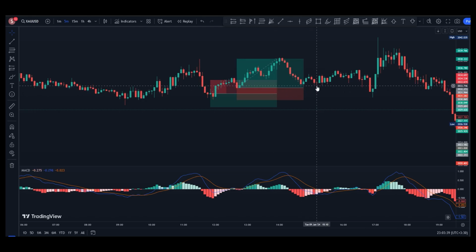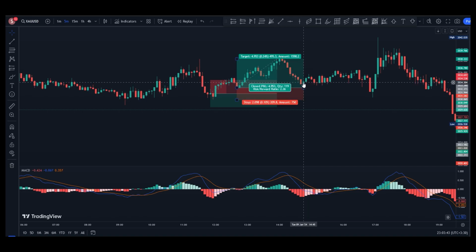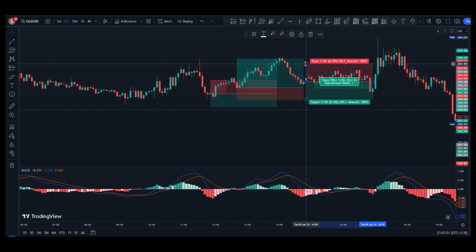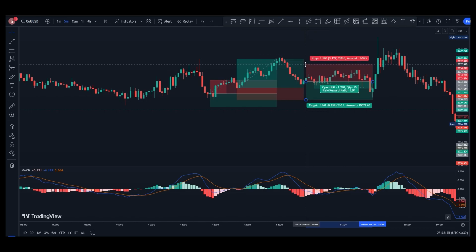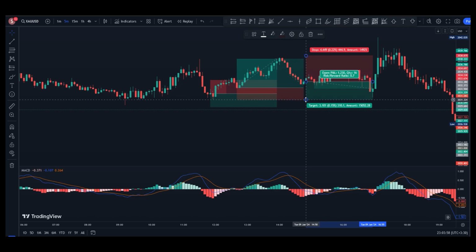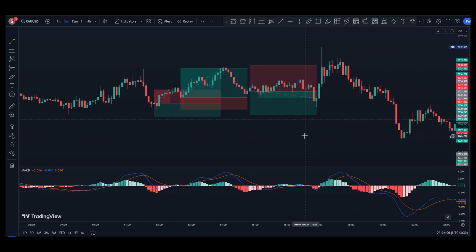Here we can enter our short position. I think, well, put it someplace safe. As you see, it hit the stop loss.